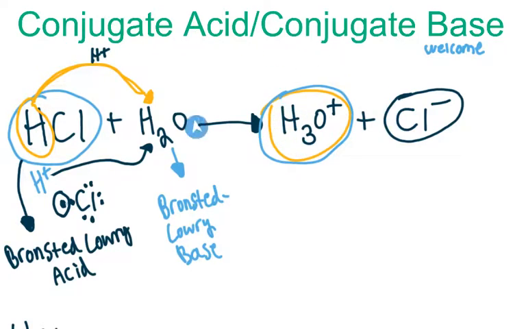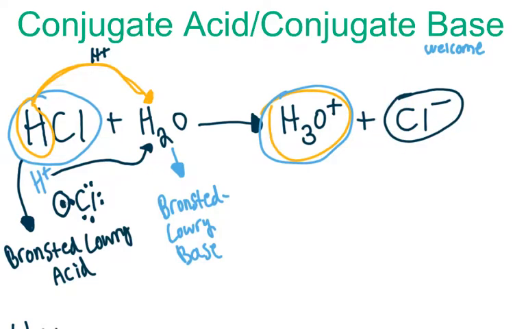It's not common in this particular reaction, because HCl is a strong acid, so it'll dissociate fully. Right away you could probably tell that this is the conjugate base and this is the conjugate acid because this has an extra hydrogen cation and this has one less.